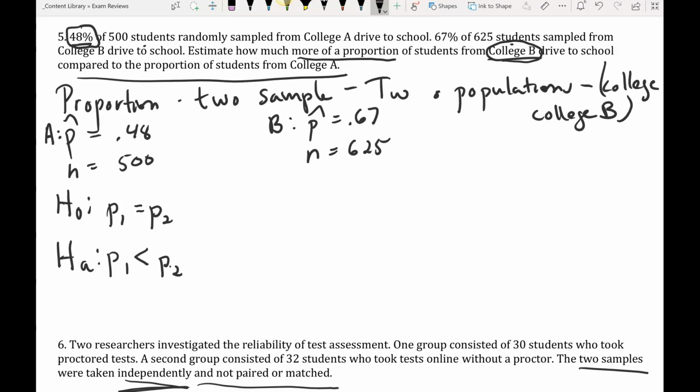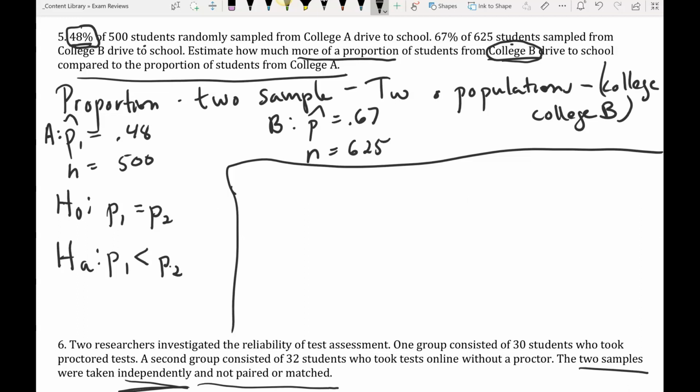Now, here's the thing that's a little bit tricky. When we use StatCrunch, what we want to notice is that we're not actually asked for a p hat. We have p hat 1 and p hat 2, but what we need to find is the number of successes.